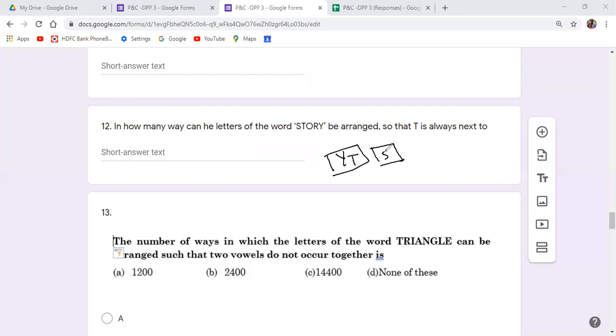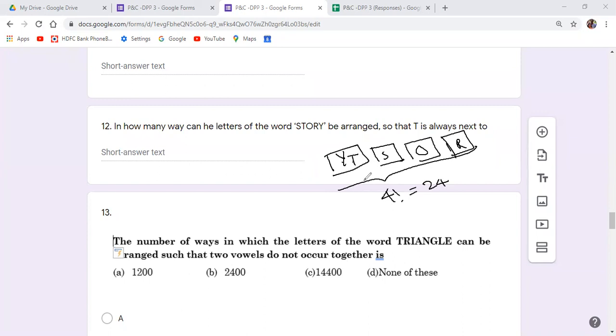Then you have S, then O, then R. So 4 factorial into 2 factorial.